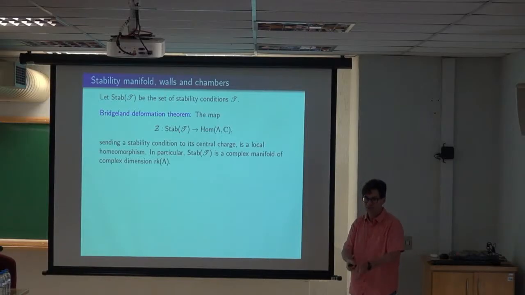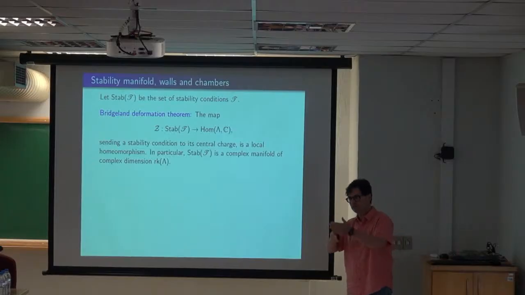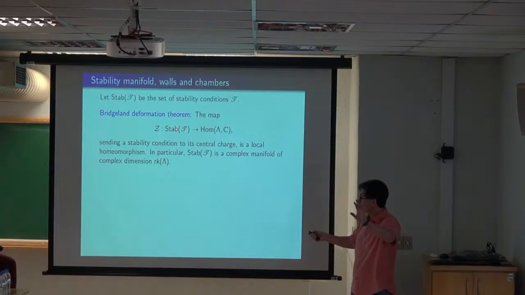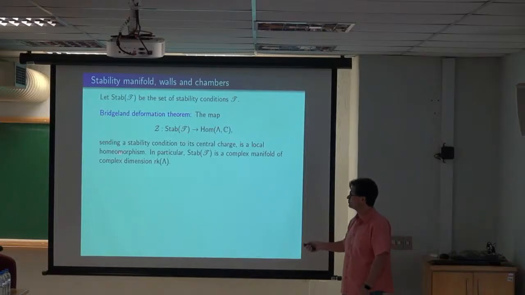So it's a choice of an abelian category together with a stability function. So in this map, you forget the abelian category, you forget the heart of the t-structure, and just send it to the central charge.